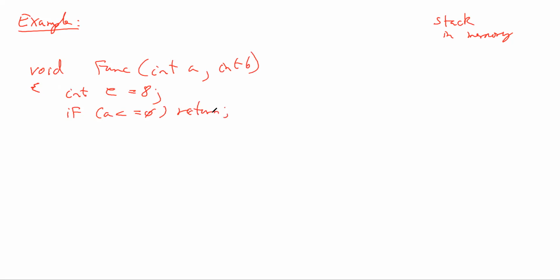Otherwise, you do function(a - 1, c). And notice now the next instruction, I'm going to actually give it an address, let's say 0x2000. So I've given it an actual address in there.